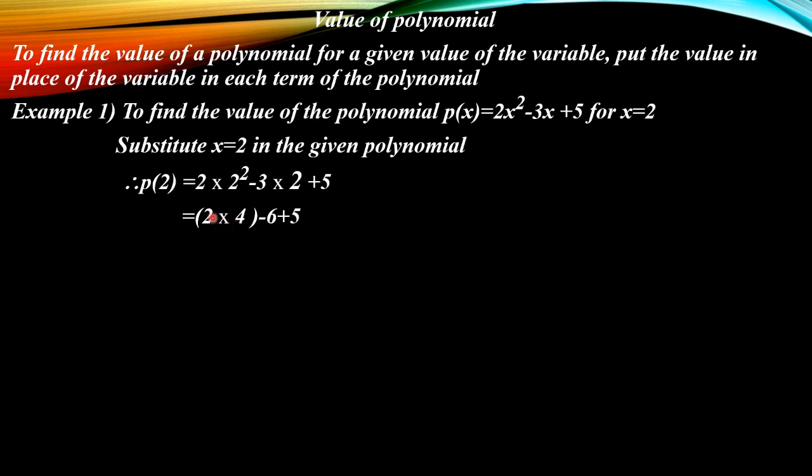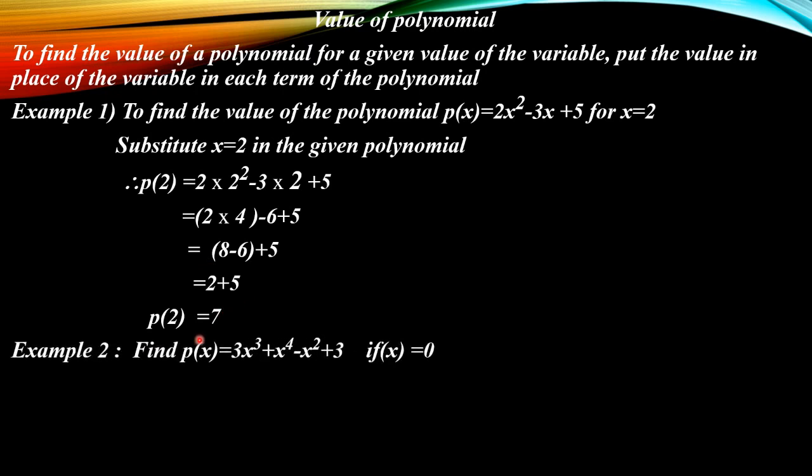So, we get 2 × 4 − 6 + 5. Now, after solving, we get 8 − 6 + 5. Therefore, P(2) = 2 + 5, and that is P(2) = 7.